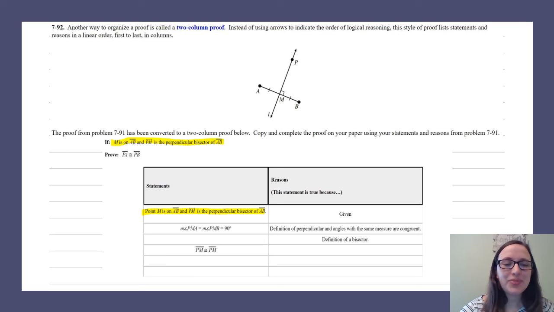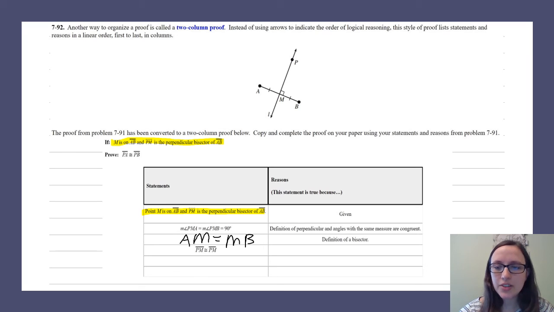All right, and then we should be able to fill in a proof like this given a reason or a statement. So we were given the reason definition of bisector. If you remember from our flowchart proof, we wrote that AM equals MB as our statement for that reason. All right, and then PM is equal to itself.